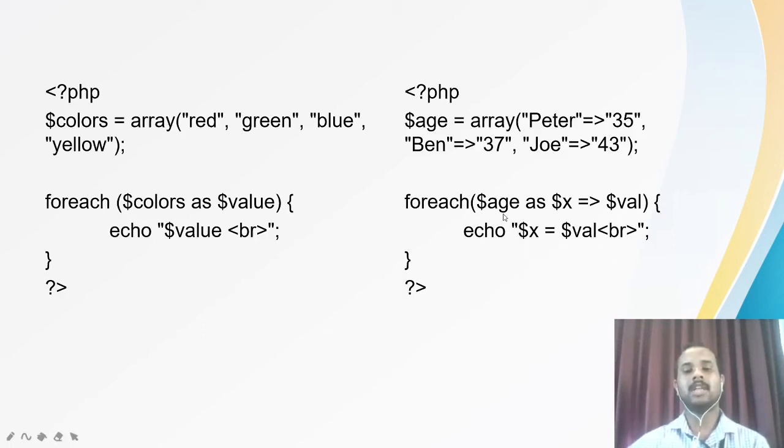When it comes to the next iteration, the key is Ben and your value is 37, so that will be stored here and executed, so it will print Ben is equal to 37. Again in the next iteration, Joe's information will be taken, that is Joe and 43, and it will have Joe is equal to 43.